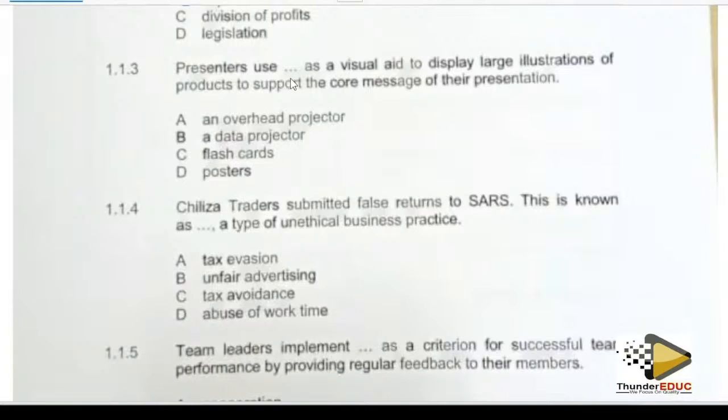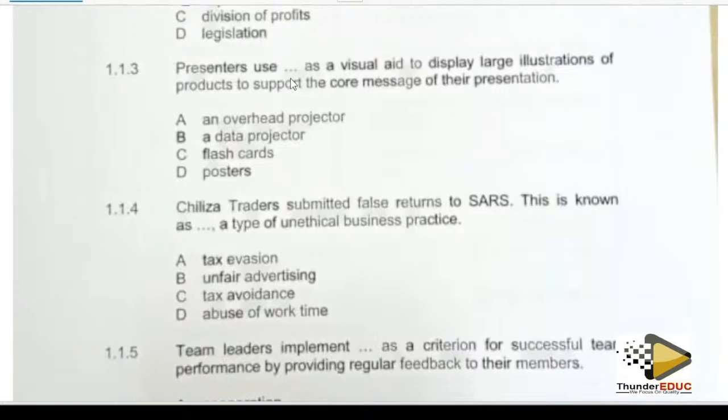Presenters use a dash as a visual aid to display large illustrations of products to support the core message of the presentation. Okay, right. So now if we check the visual aid here, it can actually be considered as the key point or keyword.